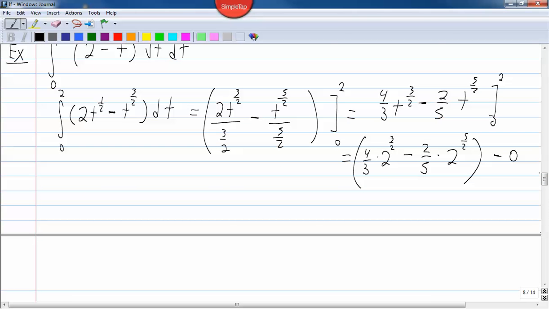Alright, so this is probably not the best way to write this answer. You could definitely factor out a 2 to the 3/2, and that would leave you with 4/3 minus 2/5 times... So what would this have to be so that if I multiplied this back in, I would get 5/2?